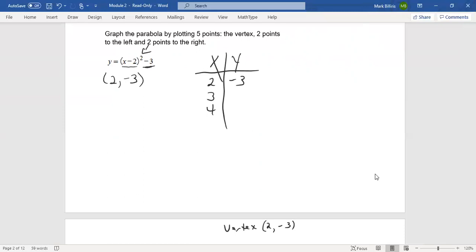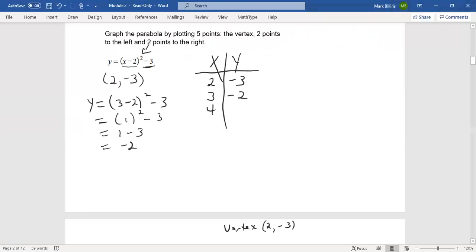So we come back to our original equation, and we're going to substitute first 3 in for x, so that'd be 3 minus 2 squared minus 3, which is 1 squared minus 3, and 1 squared is 1, minus 3 is negative 2.